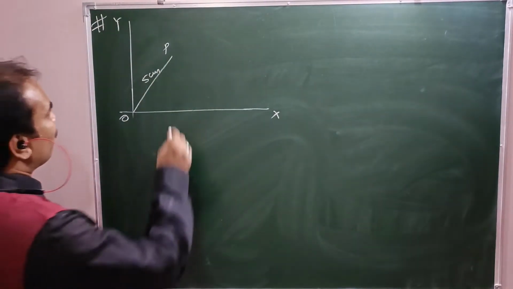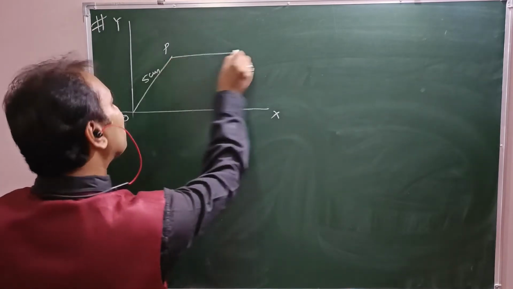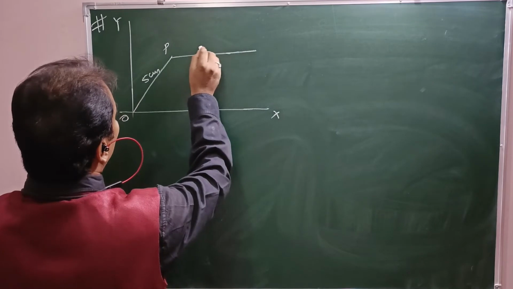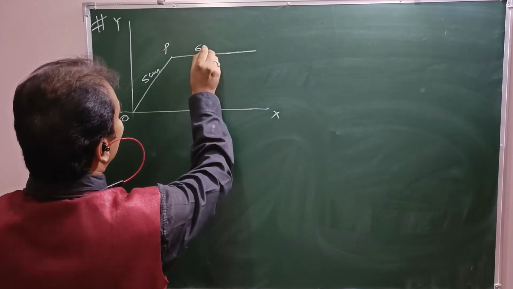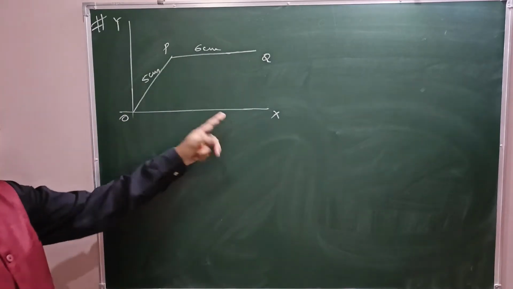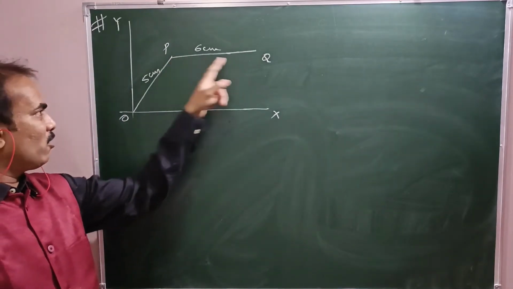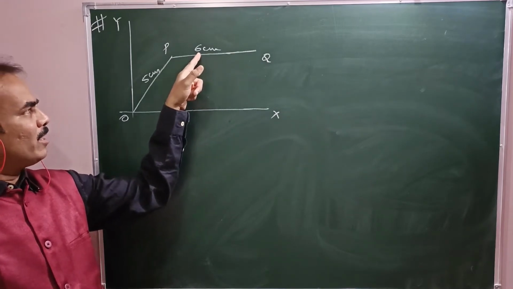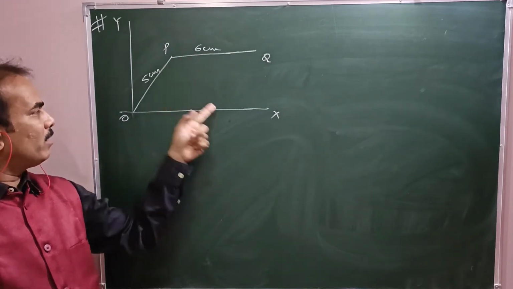Again from P to Q through a distance of 6 centimeters parallel to the x-axis. From P to Q the particle covers a distance of 6 centimeters parallel to the x-axis.